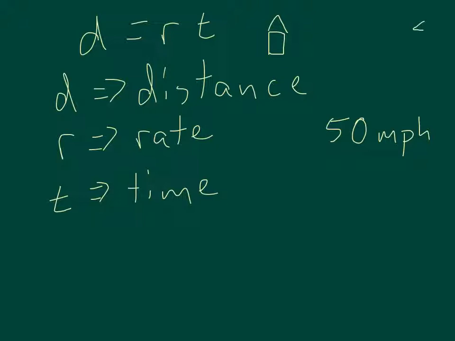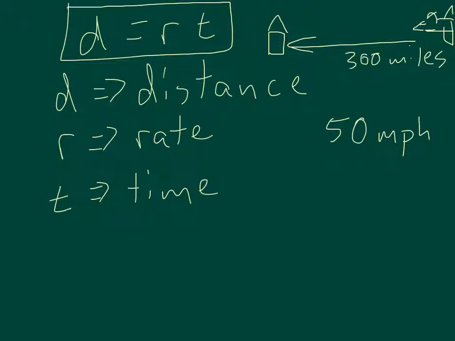I can't draw a bird very well, but it's going to travel home 300 miles at a rate of 50 miles per hour. We can use the equation d equals rate times time, and find the missing variable.